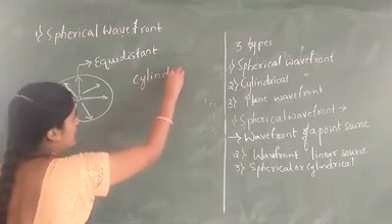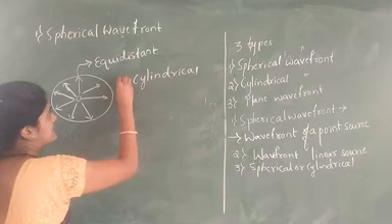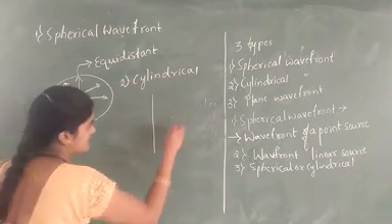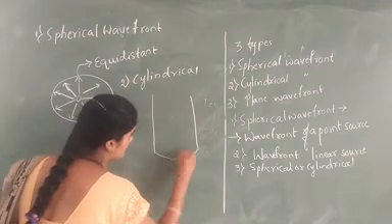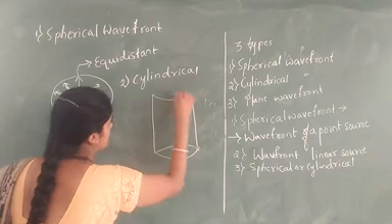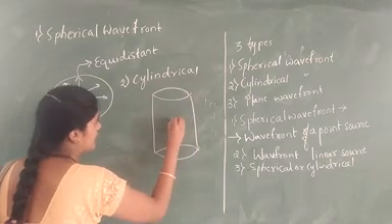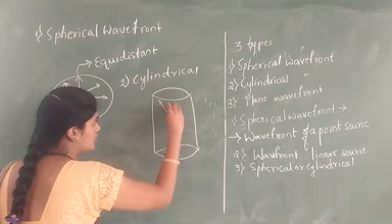In the same way, the second one is the cylindrical wavefront. Here we are considering a linear source. Let us consider a cylindrical vessel in which we throw a stone.